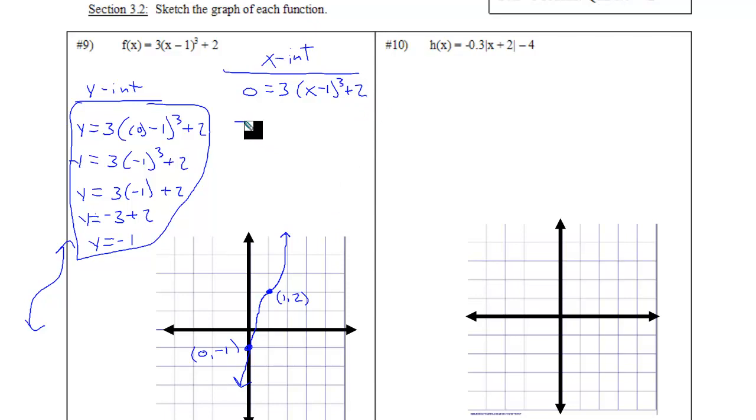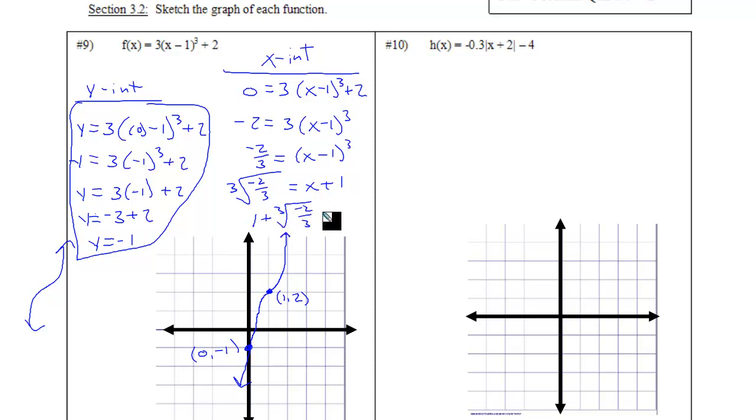I'm going to subtract 2 from both sides, divide each side by 3, take the cube root of both sides, and add 1 to both sides. This is the x-intercept.